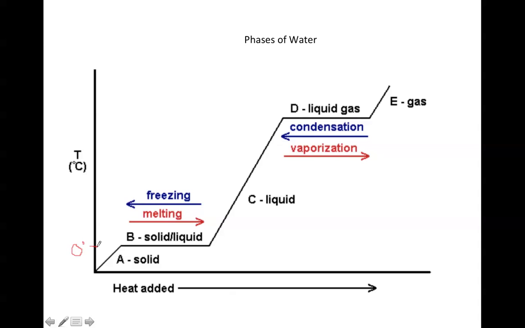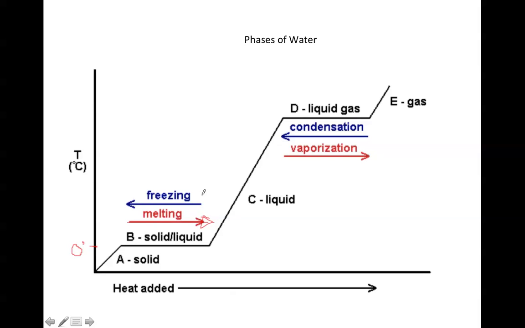So at 0 degrees Celsius, solid water, ice, turns into a liquid. So this is our melting point if we're going from the left to the right. So here we're adding energy. We're going from a solid to a liquid, and it's melting.